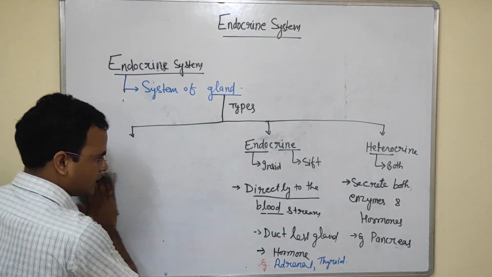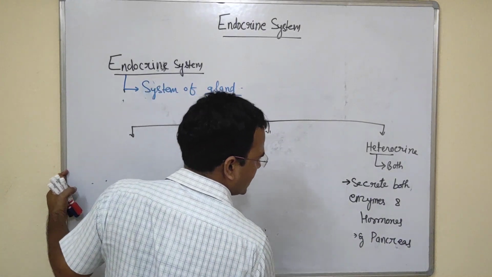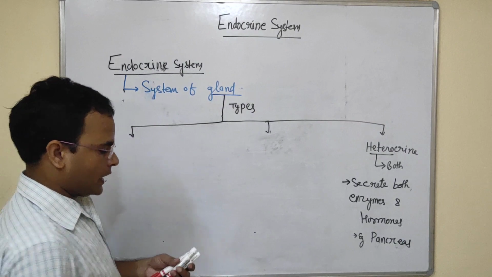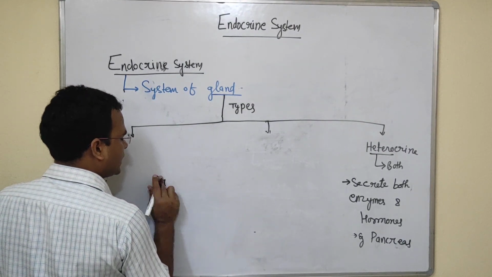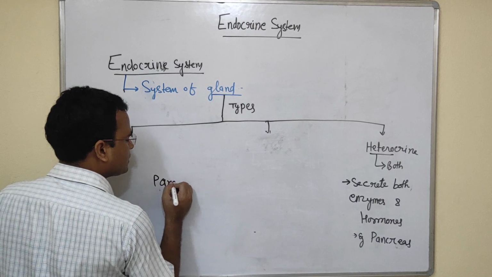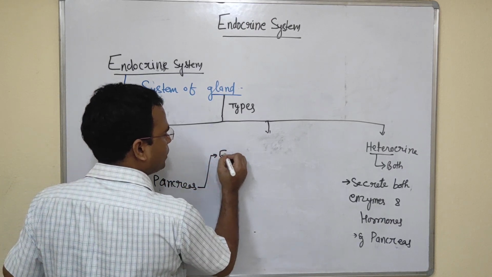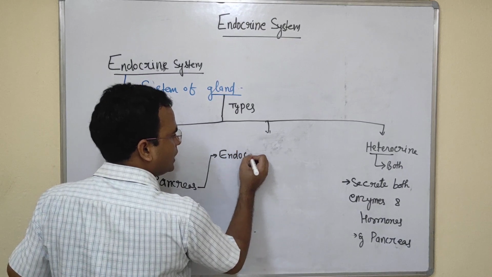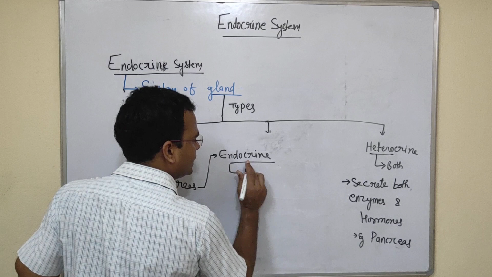So let me explain how the pancreas is a heterocrine gland. Pancreas, C-R-E-A-S. It has an endocrine function also. The endocrine portion secretes insulin.